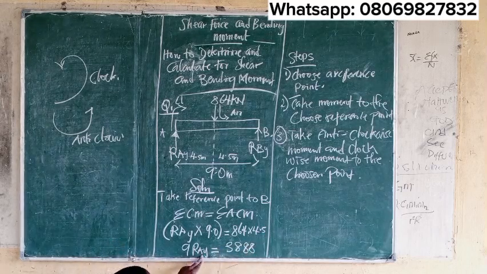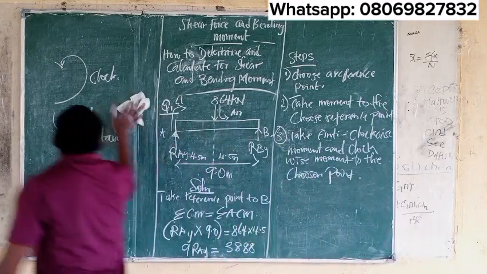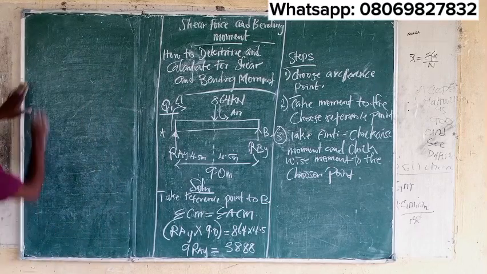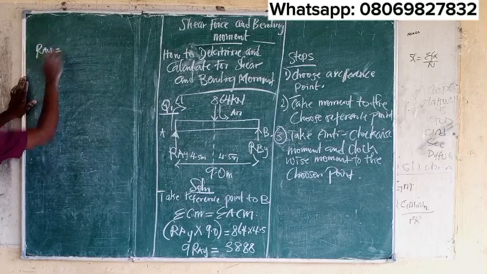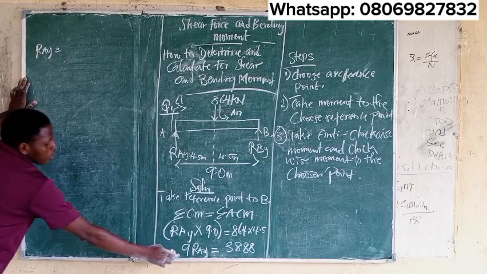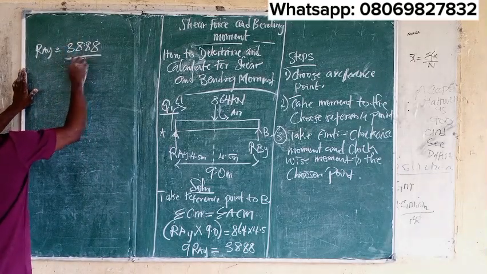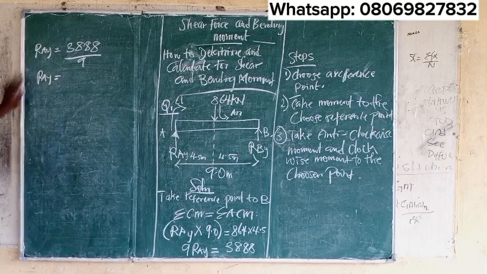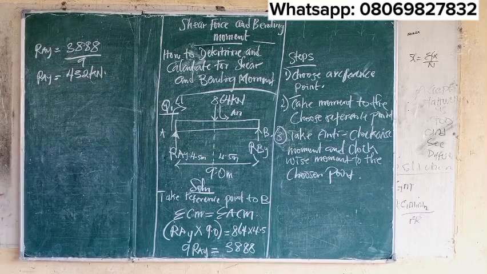So what do you do to get your RAY? Now to get your RAY, you simply divide both sides by 9. So this is 3888 divided by 9. So you can get your RAY. And what's your answer? 432 kilonewton.